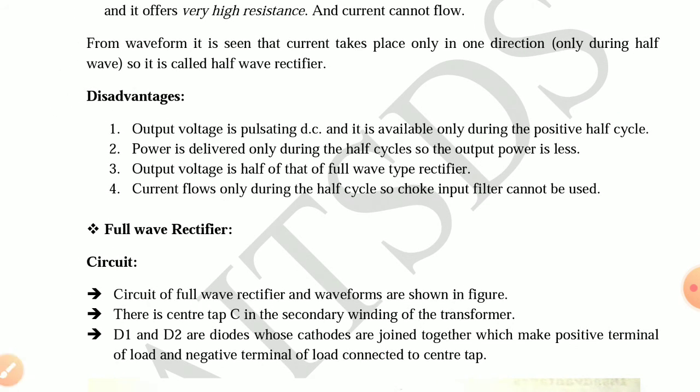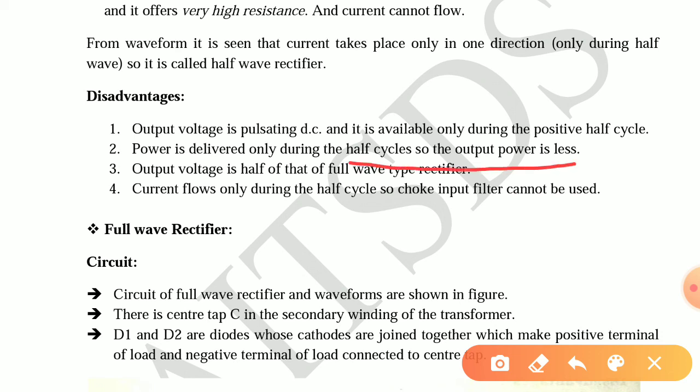The second point, the power is delivered only during the half cycle, so the output power is less. Similarly, the third point, the output voltage is half of that of a full wave type rectifier. When we compare the half wave rectifier with the full wave rectifier, the half wave rectifier gives half the voltage.